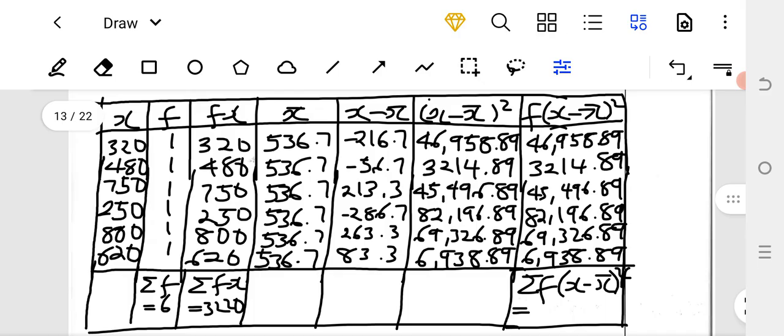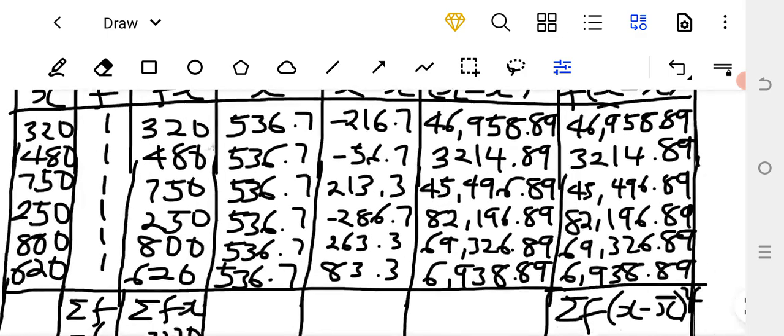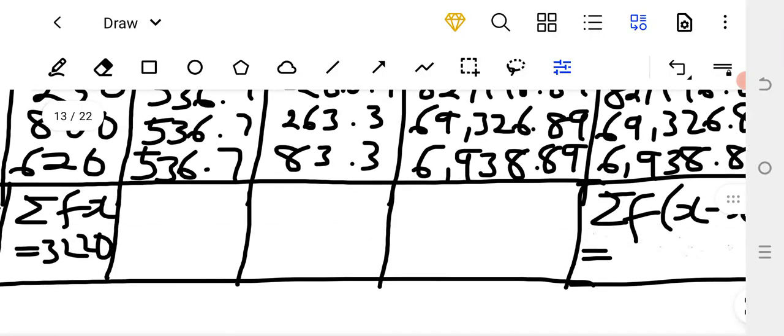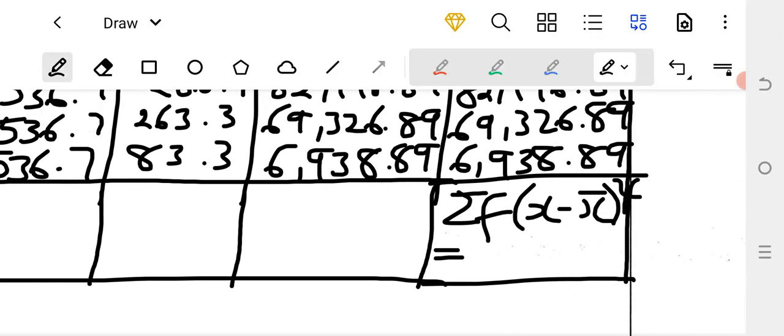And then we have 46,958.89. You are going to have a big number, so we would need all the space we have: 254,133.34.